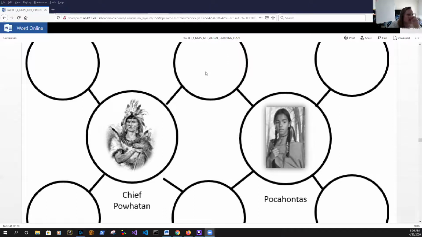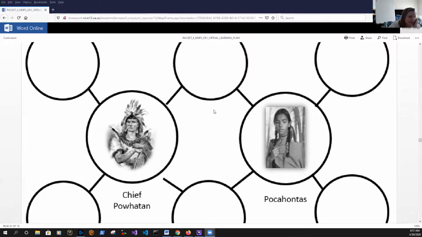That means something that is about both of them in these two because it connects to both of them. In these two, they are only connected to Pocahontas. So these should be things that she is different than Chief Powhatan. So this should be something that is only for Pocahontas, something that you learned that is only about Pocahontas, that is different from Chief Powhatan. So that would be in these two bubbles.